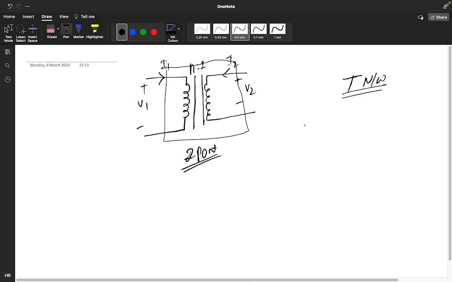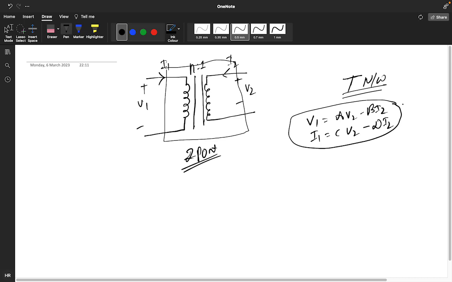Can anyone tell me, the T network, what are the equations? V1 equals AV2 minus BI2, and I1 equals CV2 minus DI2. This is the equation of a two-port network in T parameters.